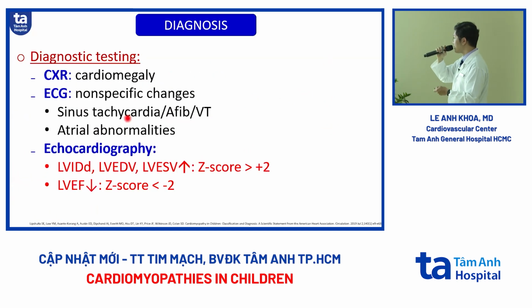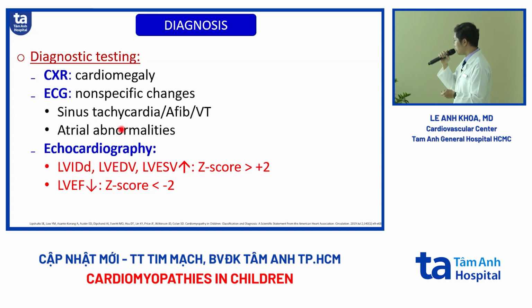For diagnostic testing, the chest X-ray may manifest cardiomegaly. The ECG may show non-specific changes with sinus tachycardia, AFib, or ventricular tachycardia, and atrial abnormalities.